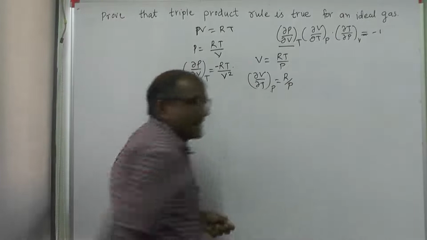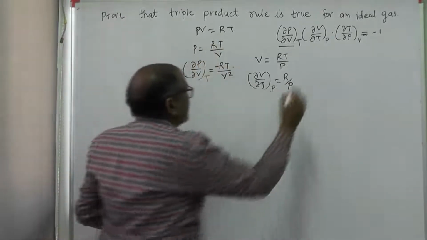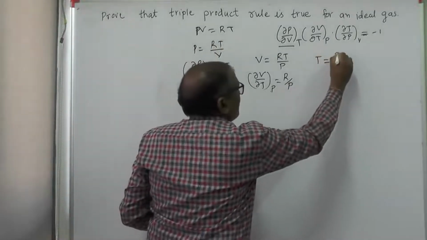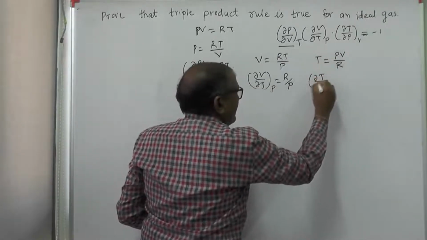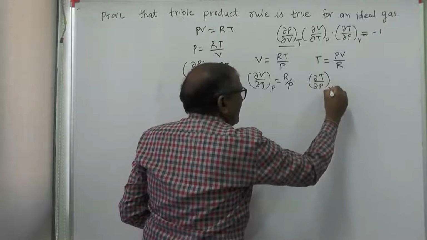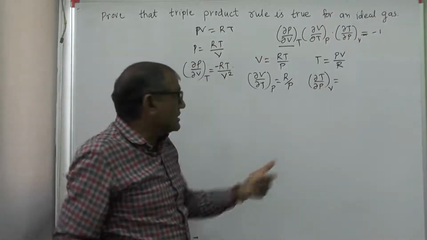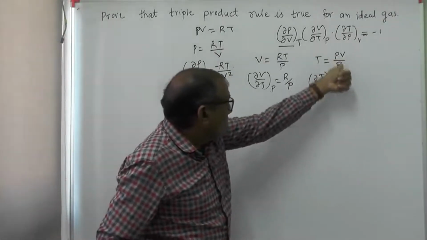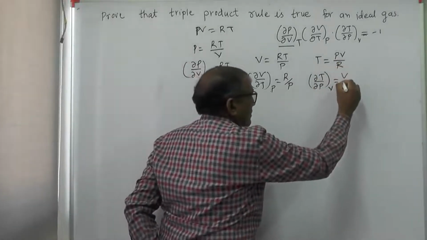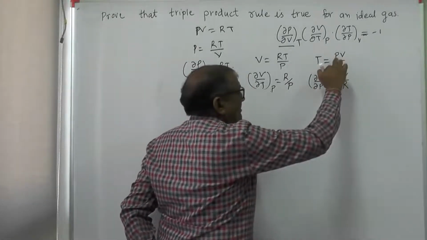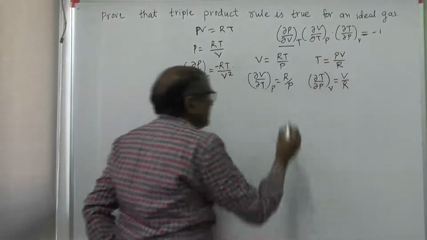For the third derivative, I can convert this equation to T equal to PV upon R and take the derivative del T over del P, keeping V constant. On the RHS, V is constant, R is also constant, V upon R, and the derivative of P is 1.